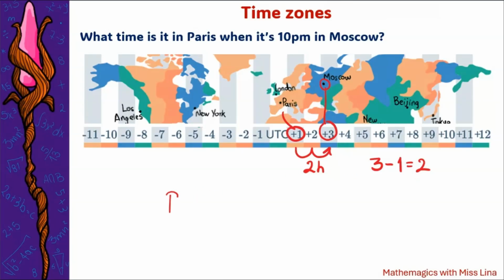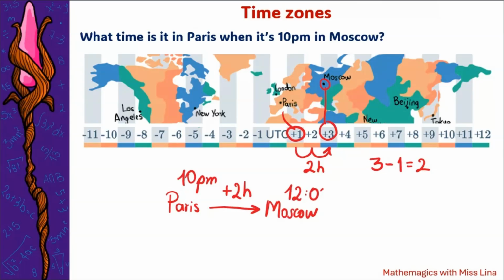So it says in Paris it is 10 p.m. So in Moscow, what time would that be? Plus 2 hours is going to be 12. Careful with this, it is not going to be 12 p.m., because that would mean midday.